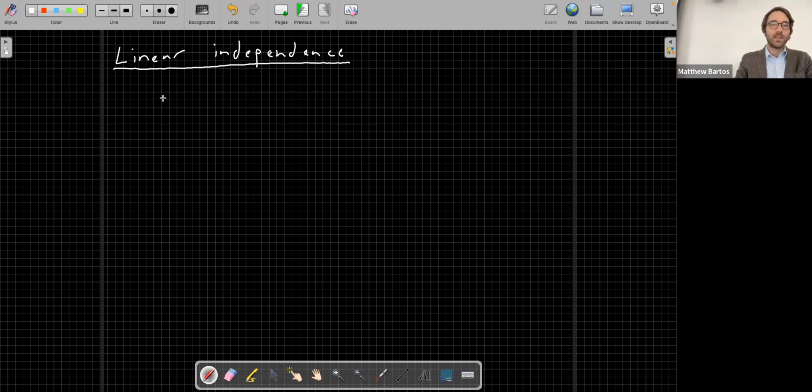So let's say we have, let V be a vector space, or sorry, let V be a non-empty collection of vectors. So we have some set of vectors, V1, V2, V3, all the way through something. So this is a non-empty collection of vectors.